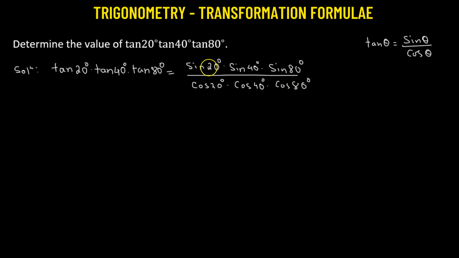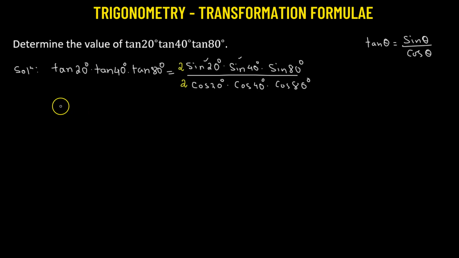Now what we'll do, we'll try to combine the first and the second expression of the numerator as well as the denominator. For this, what we need is a factor 2. We're going to multiply both numerator and the denominator with a factor 2, and we'll be using two transformation formulas here.